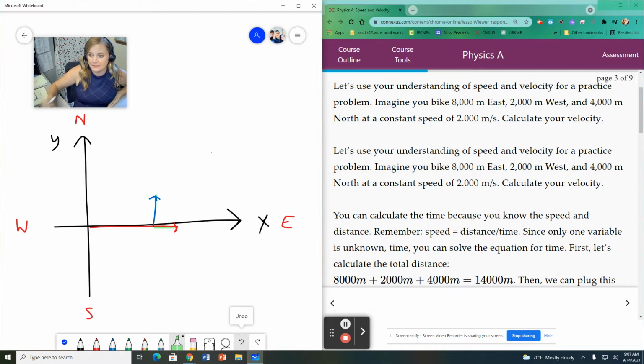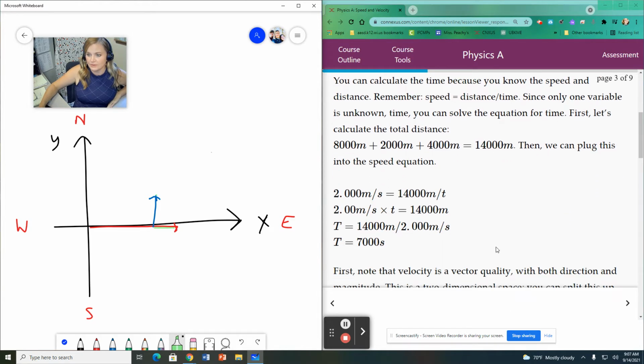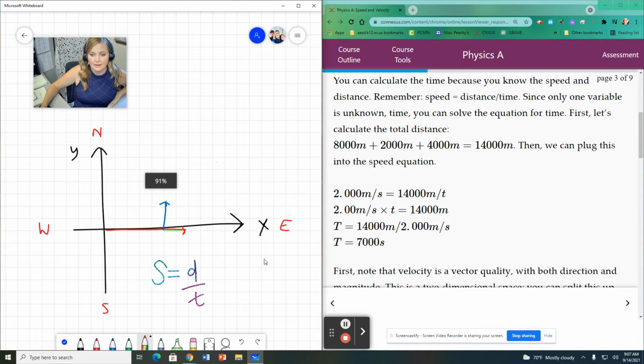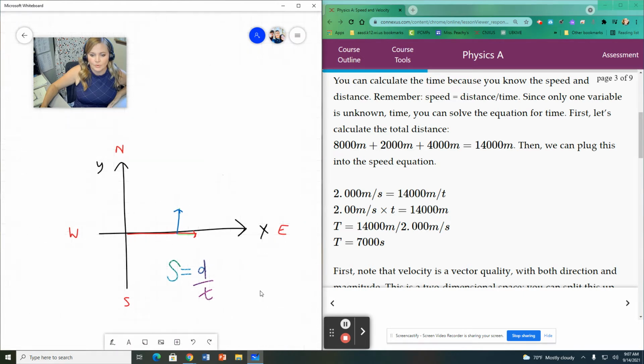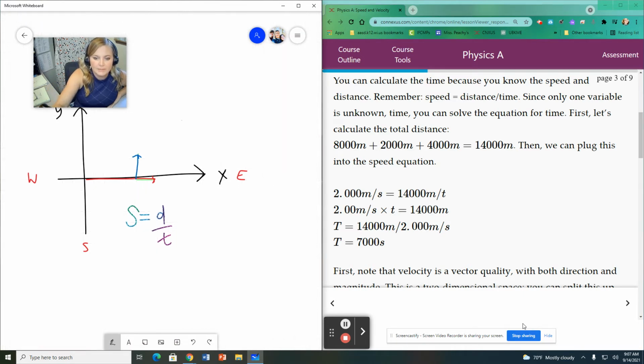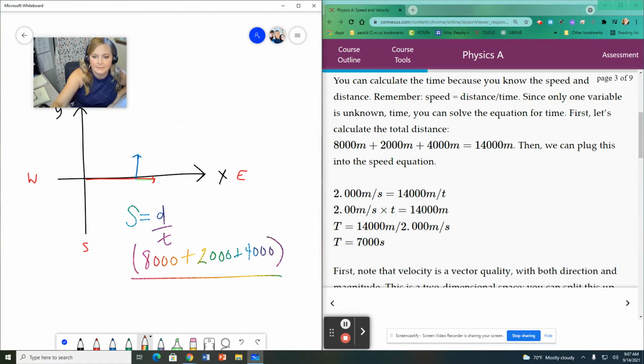So distance traveled is going to be, remember, speed is distance divided by time, lowercase d here. So the total distance traveled is going to be 8,000 plus 2,000 plus 4,000 divided by time.